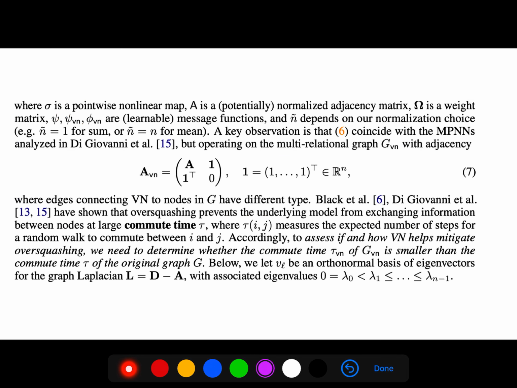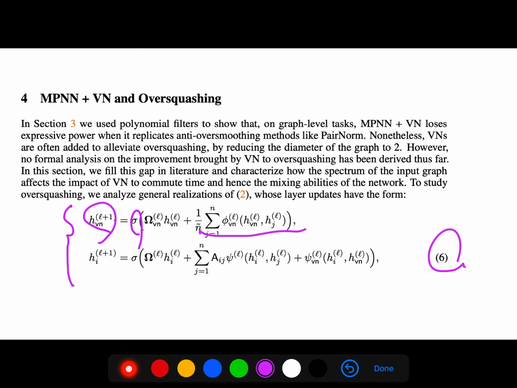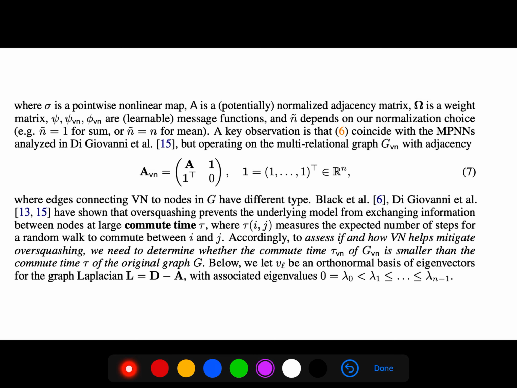Then we have psi and psi vn, which are learnable message functions. N tilde depends on normalization choice. And the key observation is that this equation 6 coincides with message passing neural networks of Di Giovanni in 15, but operating on a multi-relational graph with this adjacency matrix, where edges connecting virtual nodes to nodes in G have different types.